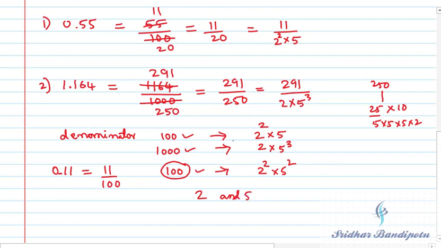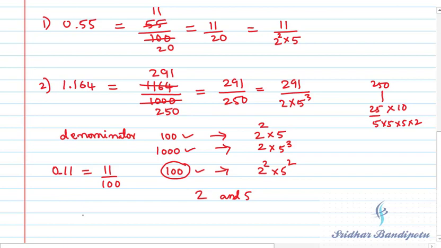If there is any cancellation, then there will be a change in the exponent of 2 and exponent of 5. If there is no cancellation, then 2 and 5 both should have the same exponents, right? So from this what we can understand, if it is a terminating decimal, then definitely the prime factorization of the denominator will have 2 and 5 as the factors. You cannot see another prime factor in the denominator.